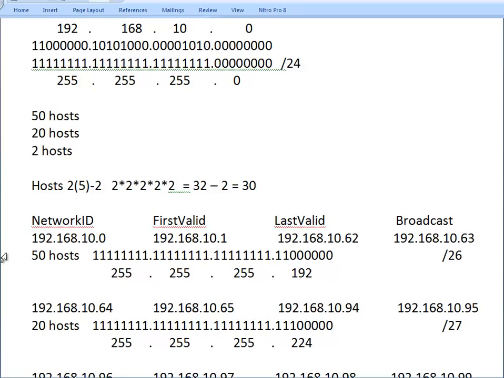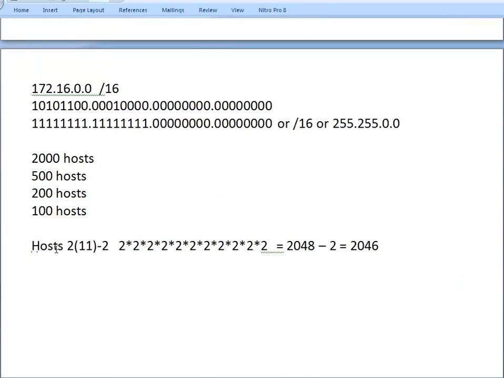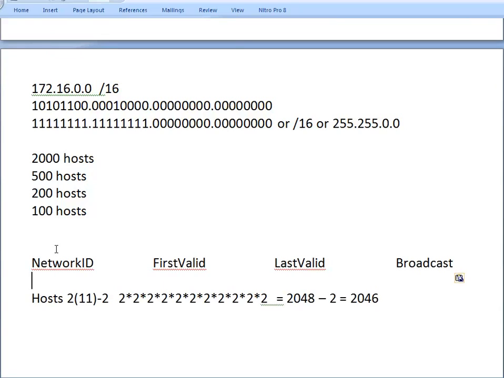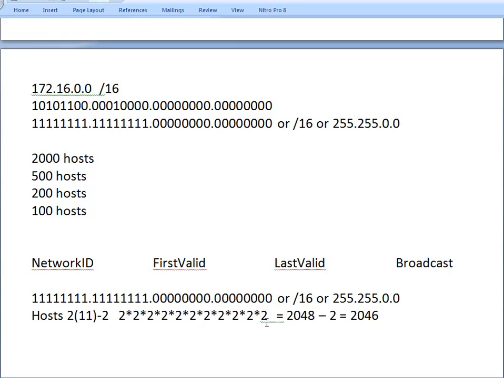Okay, so I'm just going to take this and write them down. Now the subnet mask.